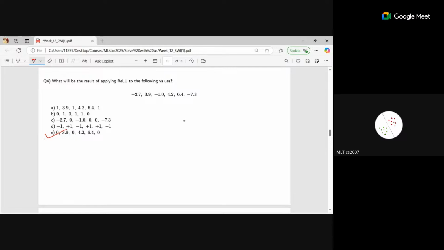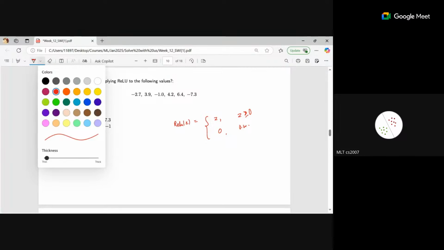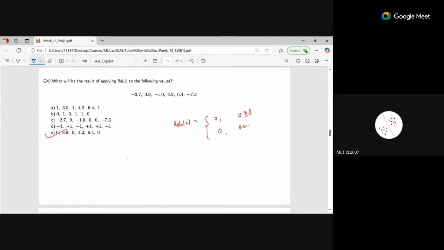Because we know the ReLU function is defined as Z if Z is positive, and zero otherwise. We can see only for these three values Z is positive. So that stays, and for every negative value it goes to zero.